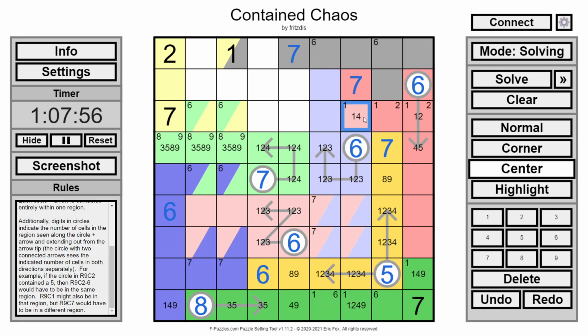I guess I could just type in that this is 1, 4, or 9. But I don't see... If this is a 1, this is a 1, which makes this not a 1, which makes this a 1, which puts a 1 here.